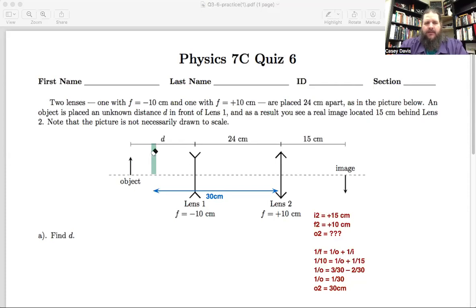For lens 1, we should treat the object that we were using for lens 2 as actually the image from lens 1. So this we should call image number 1 versus object number 1. And for image number 1 here, what should we use as the distance between image number 1 and lens number 1?